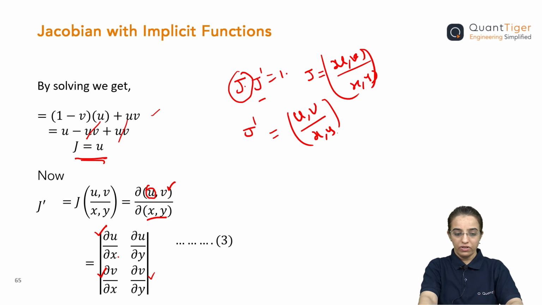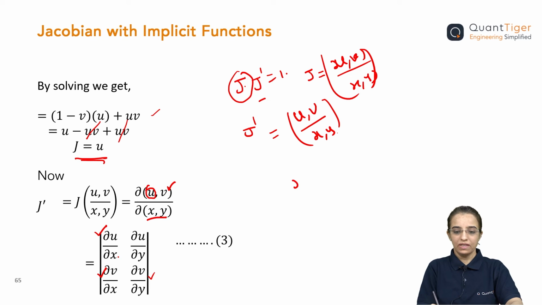Now if you clearly see this here, we have to find del u by del x, del u by del y, del v by del x and del v by del y. So this given function u should be in the form of x and y, and v also should be in the form of x and y.